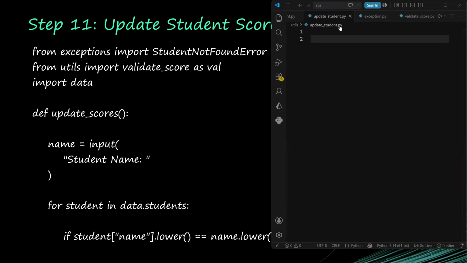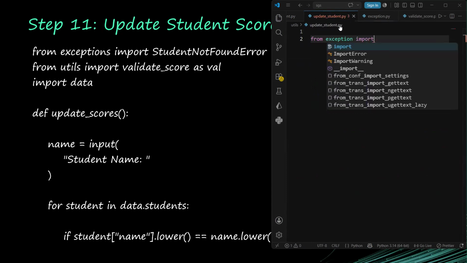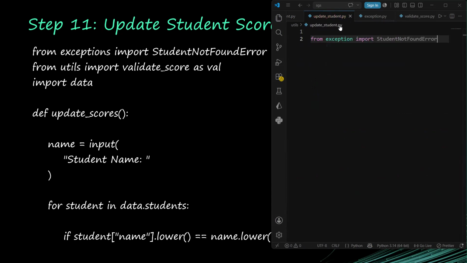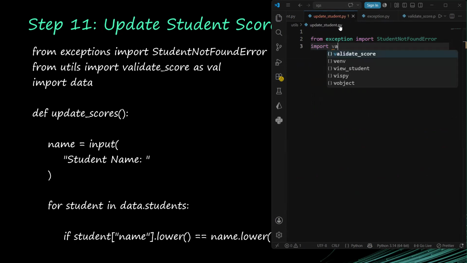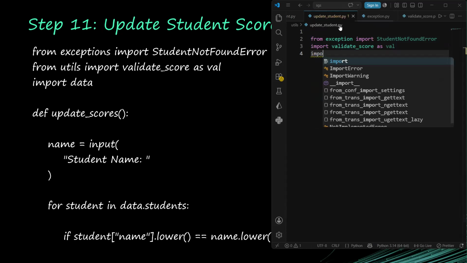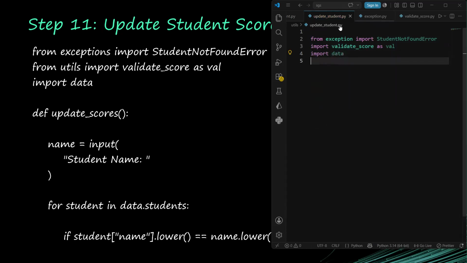I will import from exception, I will import student error. And then I would also import validate score as val. All right. And then I would also import data.